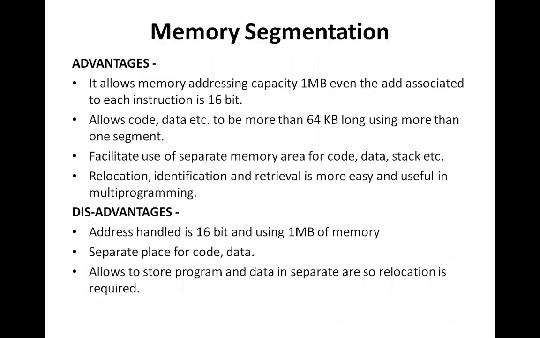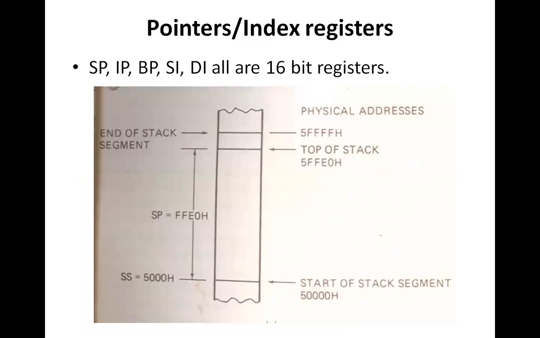Similarly, whenever we have to work with the data segment, any one of these three registers, base pointer, source index, and destination index, can be used to provide the effective address within the data segment.